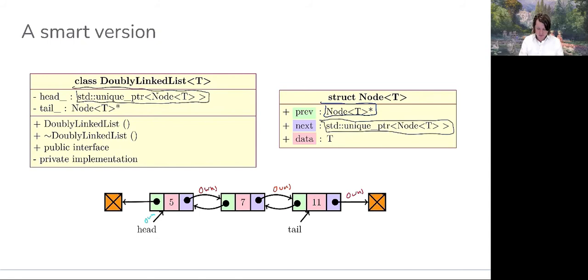So tail just points to the last element. We said that was cool. And then also all of our previous pointers are also raw pointers, which allows us the functionality that we expect of a doubly linked list, and that we can move both forward through our unique pointers or in the reverse direction through the raw prev pointers.